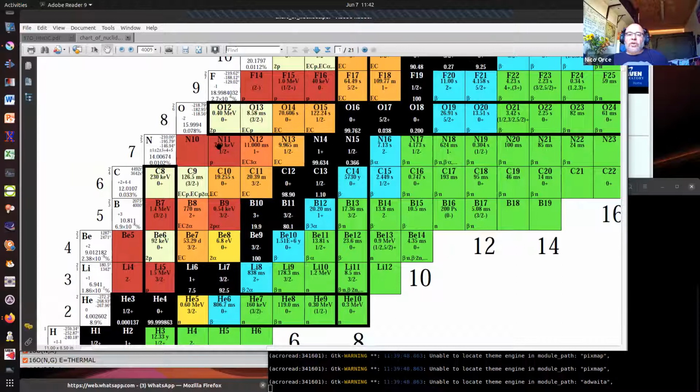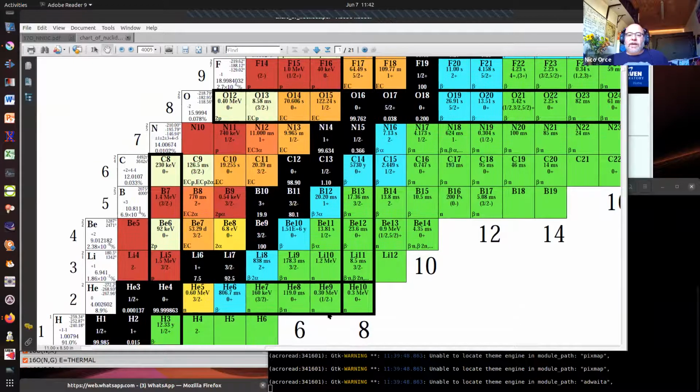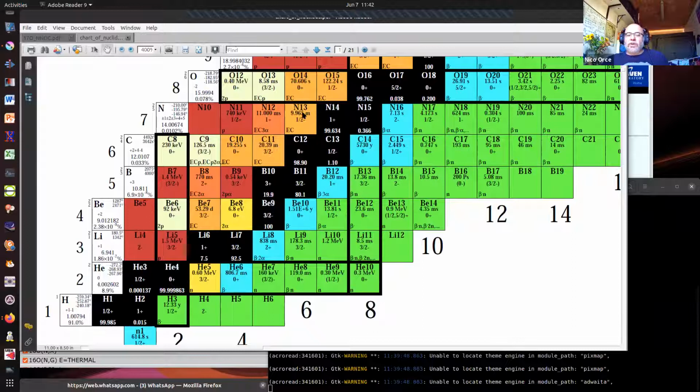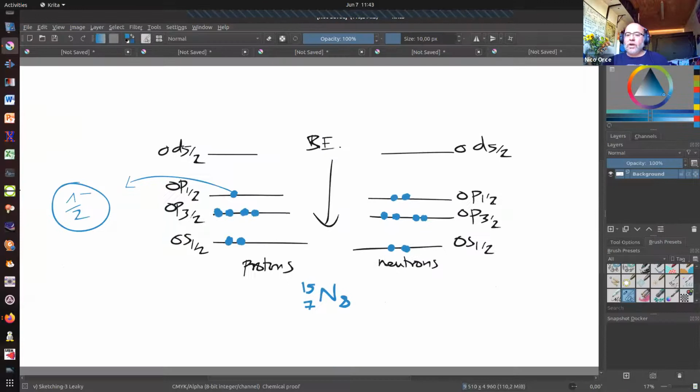Forget about odd-odd nuclei like 7 and 7 right now because those are more complicated. In those, anything can happen. So we are interested in odd-even nuclei, where there's an odd particle basically.